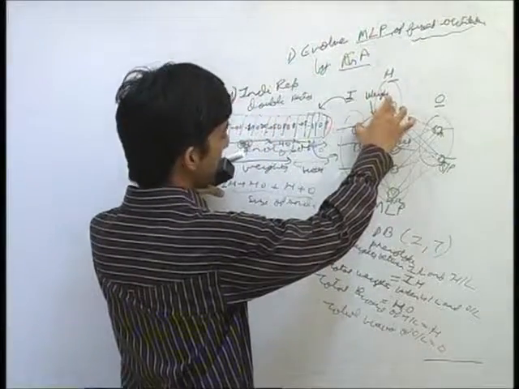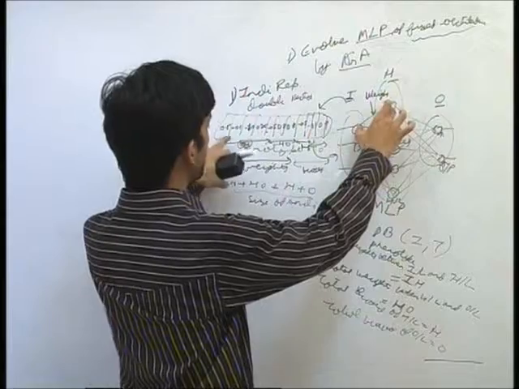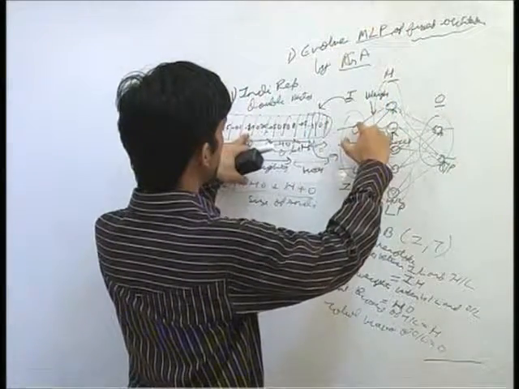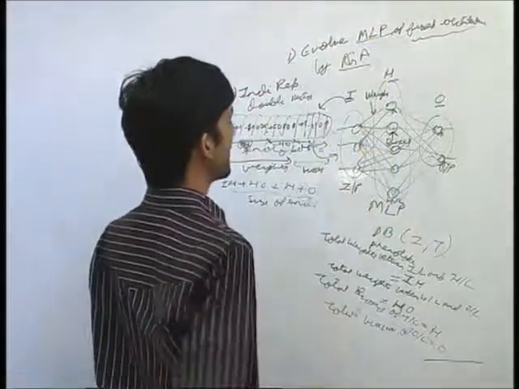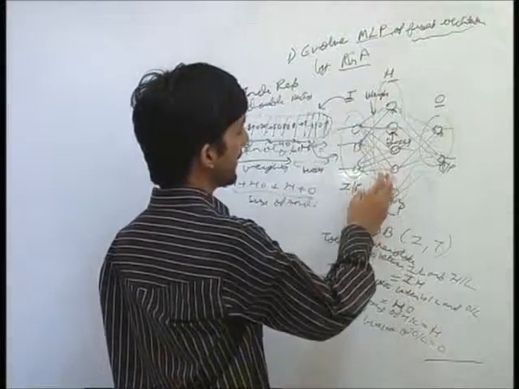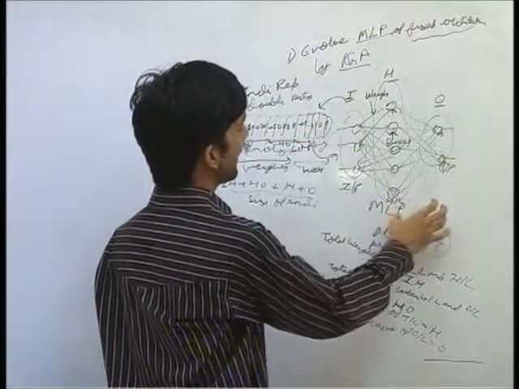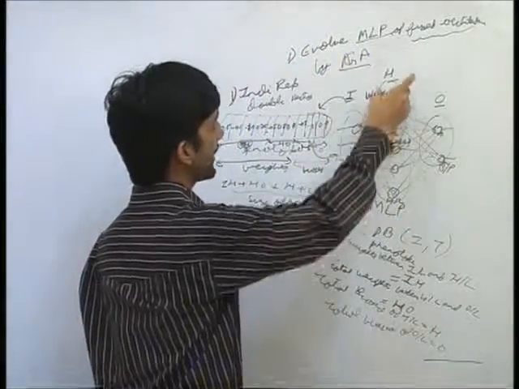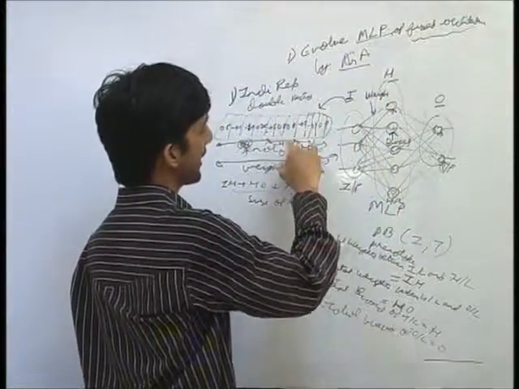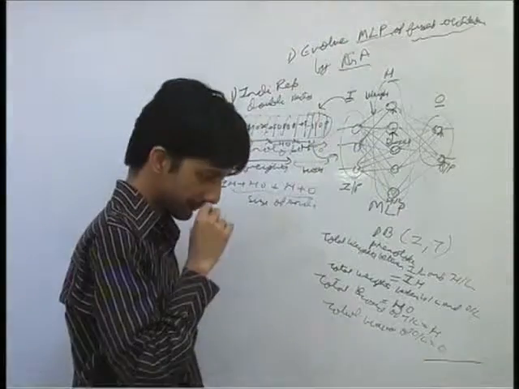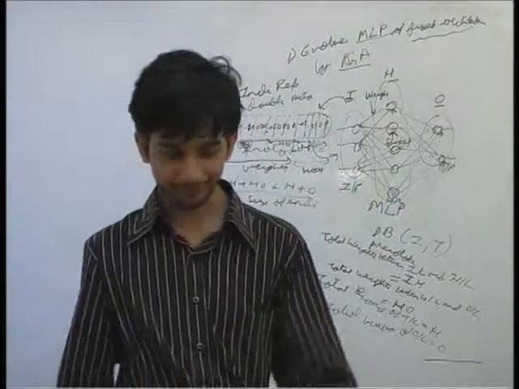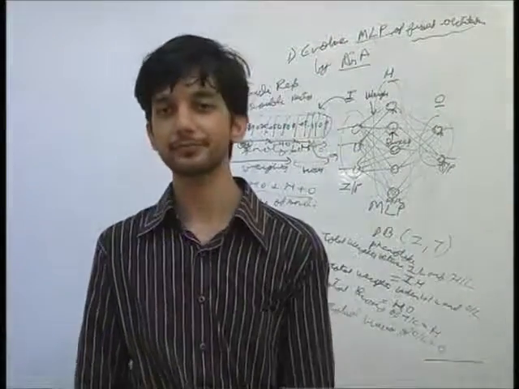I exchange this bias weight with 0.5, minus 0.1, I exchange this with minus 0.1, minus 1, I exchange this with minus 1. And I note down all the weights between input layer to hidden layer first, this part. Between the hidden layer to the output layer, this part. I set the biases of the hidden layer, this part, and the biases of the output layer, this part. And then is when my problem is solved.